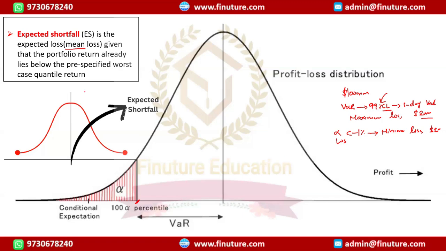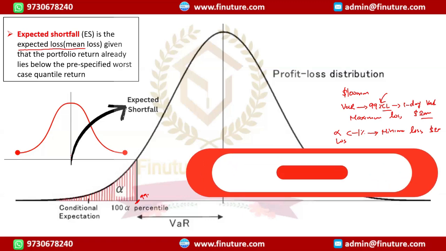So when we talk about expected shortfall, this is an expected value or a mean loss of this alpha region. In this region there would also be some losses corresponding to some probability. Say, for example, this is 99%, some loss would be there for 99.5. But what we do is calculate expected shortfall.